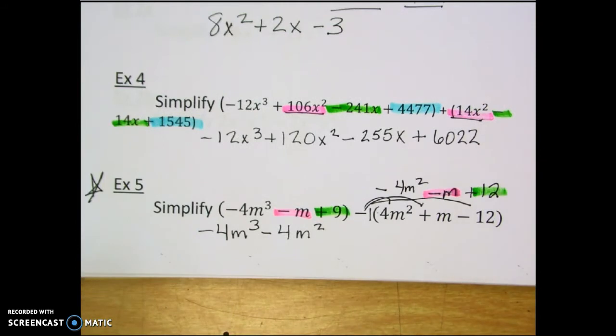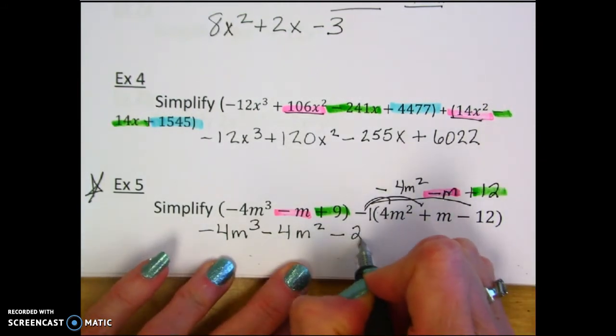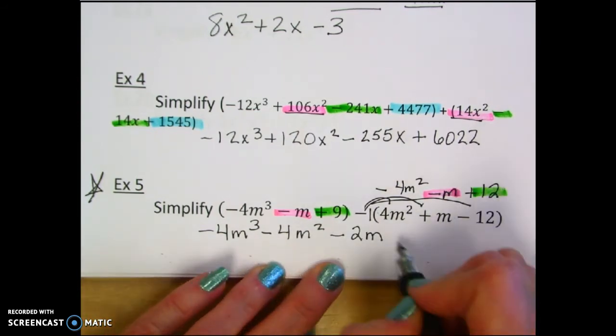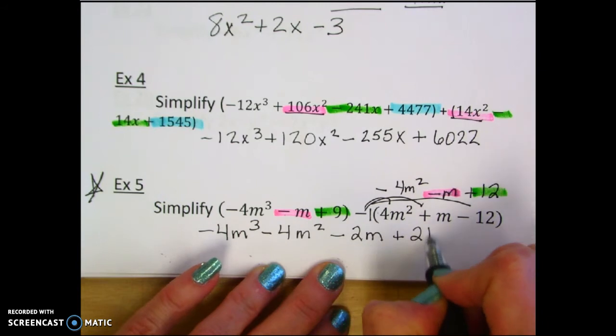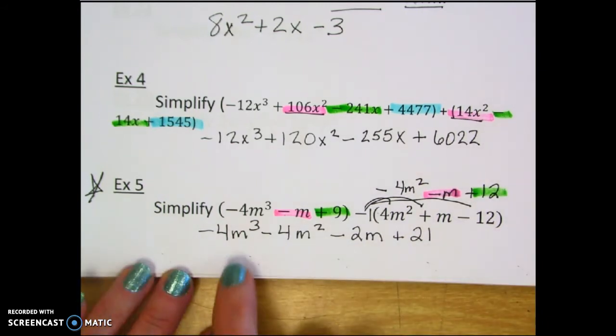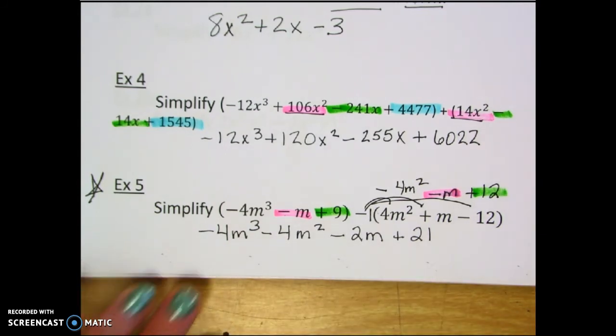So the pink negative 1m and negative 1m make negative 2m. And then the positive 9 and positive 12 make positive 21. So this would be your final answer. Notice how I'm putting the highest term first and then counting down. That's called standard form. That's how we want to put the answers to our polynomials.